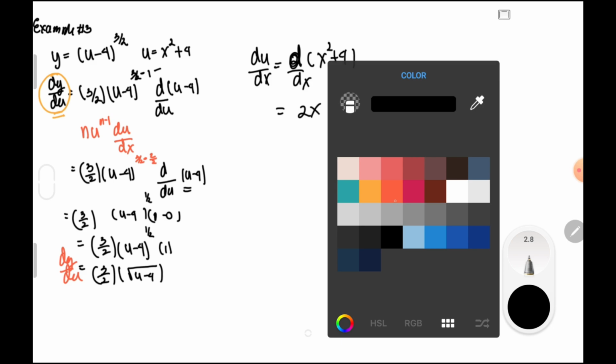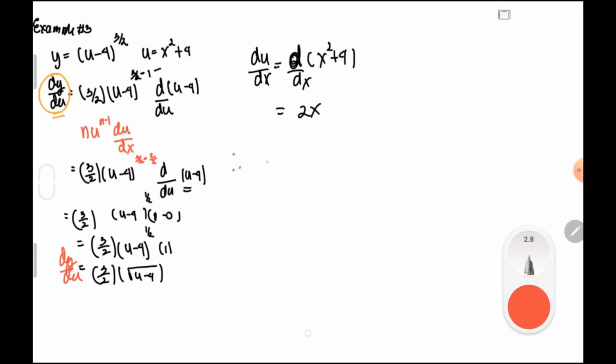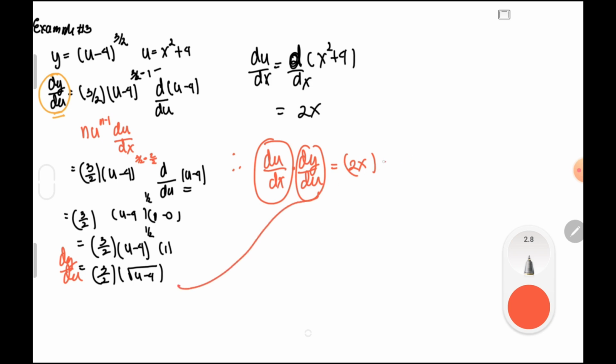By further manipulation of this equation, we will have du over dx multiplied by dy over du, where du over dx is equal to 2x and dy over du is equal to 3 halves multiplied by square root of u minus 4.